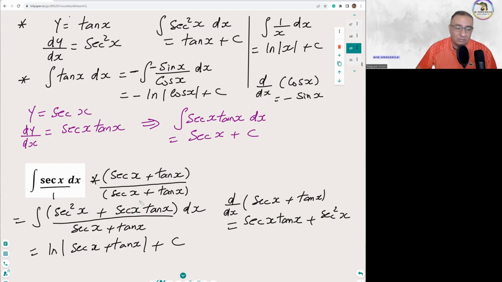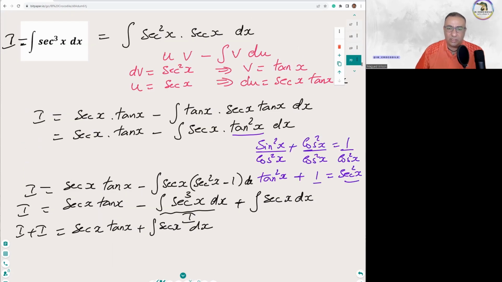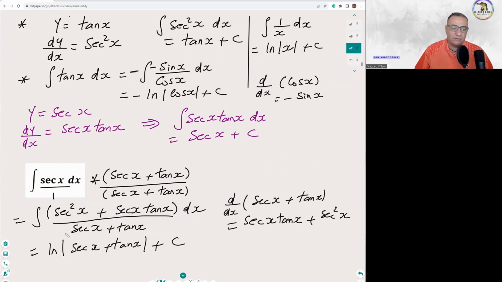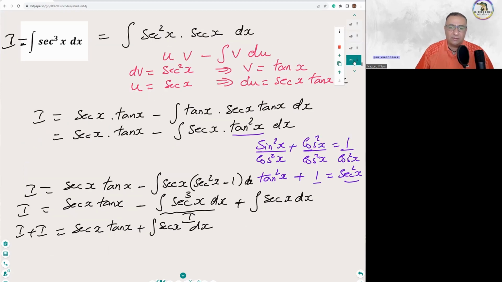I would not show it again, but if you face an IB high level paper 1 question, let's say integrate sec cubed x or something around that, you need to show all these steps. But I will not show it. We know for sure now, I just proved it for you, that the integration of sec x is ln sec plus tan, right?